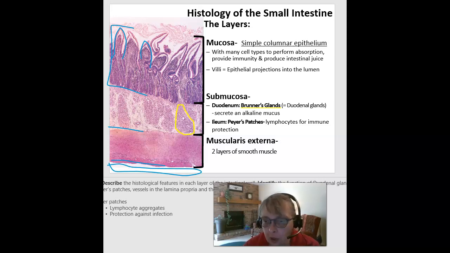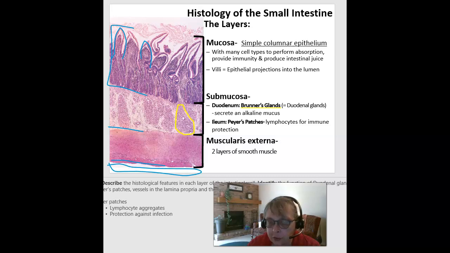There will always be blood vessels and lymphatic vessels in there, but the submucosa in the duodenum has Brunner's glands, which I've circled one in yellow, and the Brunner's glands secrete mucus, which is alkaline, or has a high pH. In the ileum there are Peyer's patches, and those protect us from foodborne infection.